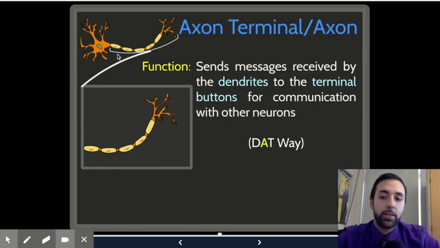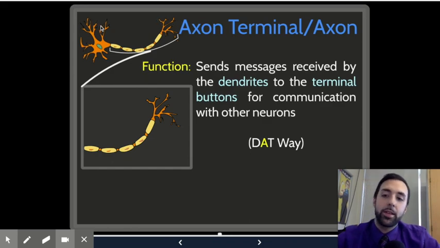This region known as the axon and the axon terminal is responsible for sending the information about what you're touching, like the characteristics and how it feels, out to the outer regions of the neuron. We call these regions here the terminal buttons. We'll define that in just a little bit. That's the fifth box in today's concept map, the fifth box within the diagram. So we'll talk about what exactly the terminal buttons are in just a moment.